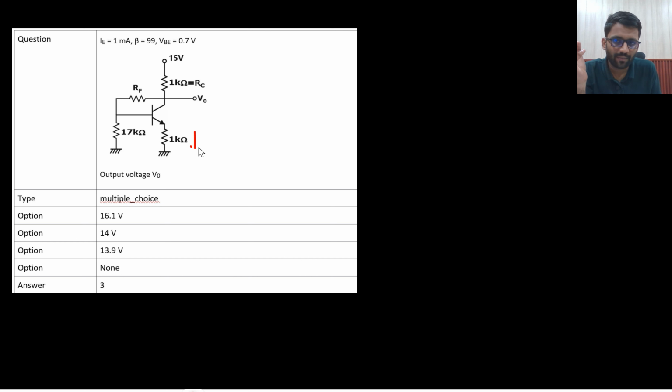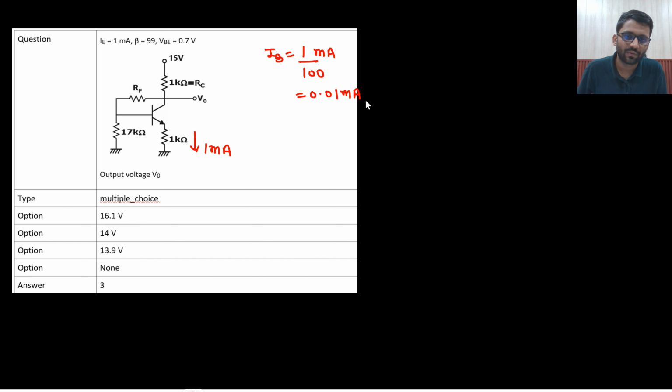So IE is 1 milliampere, beta is 99, so what would this current be? Because beta is 99, the base current would be 1 milli divided by 100, so that would be 0.01 milliampere, right? This current is 0.01 milliampere.